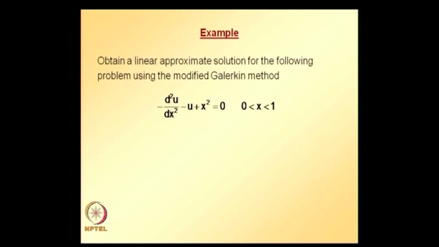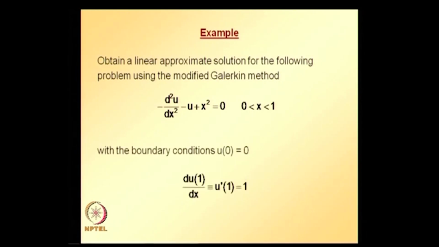So you can guess you require two boundary conditions to solve this problem, and the two boundary conditions that are given here, you can easily check using the thumb rule that I already gave you earlier, that the first boundary condition turns out to be the essential boundary condition and the second boundary condition turns out to be a natural boundary condition.